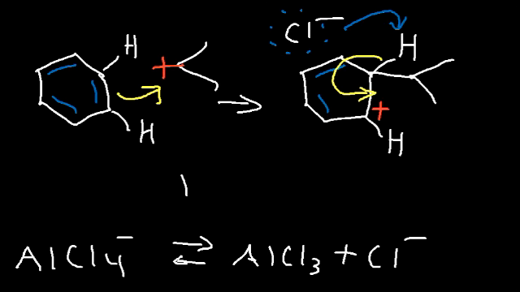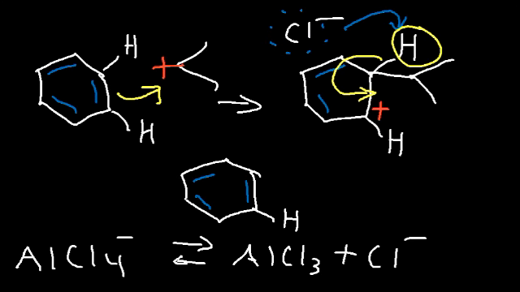So keep in mind, for this electrophilic aromatic substitution reaction, the first step is an addition step because we added the isopropyl carbocation to it. And then the second step was an elimination step because we eliminated or removed the hydrogen. So overall, this is a substitution reaction, and specifically an electrophilic aromatic substitution reaction.